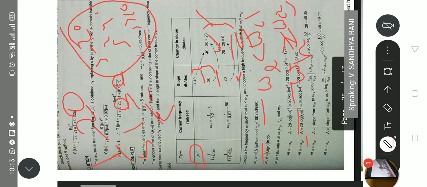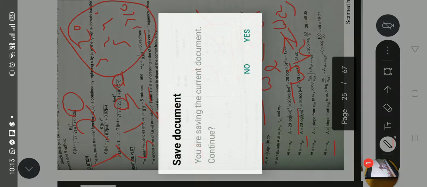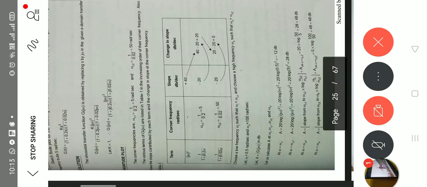In the same way for omega equal to omega H: slope from omega C2 to omega H into log of omega H by omega C2 plus the previous magnitude. Here the slope is 0, so that term is 0 plus the previous magnitude 48, so 48 dB only. This is the magnitude of the system.